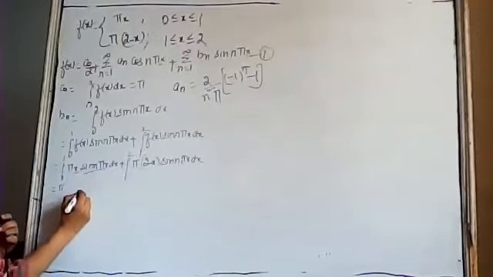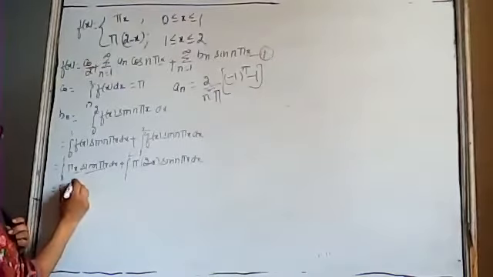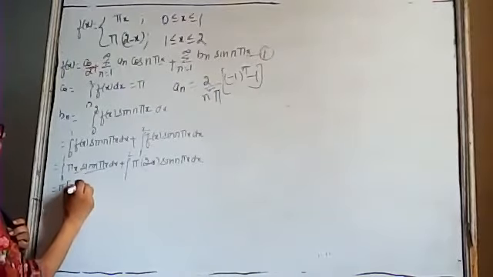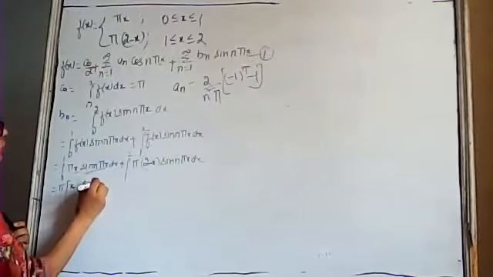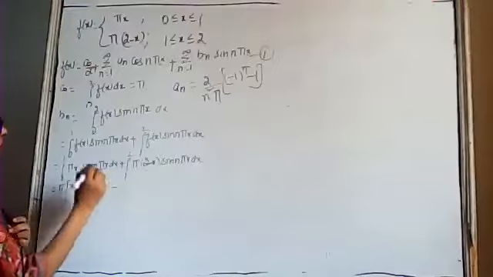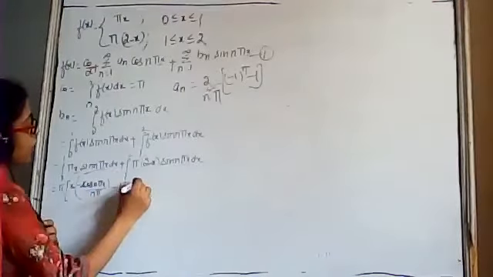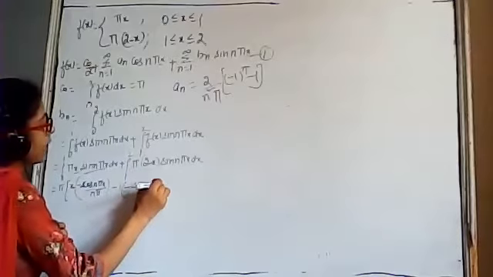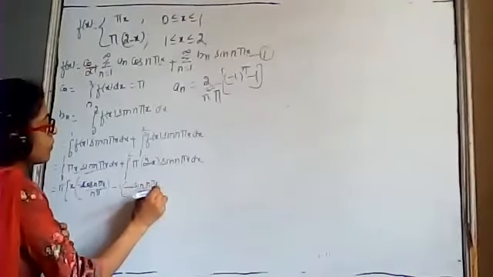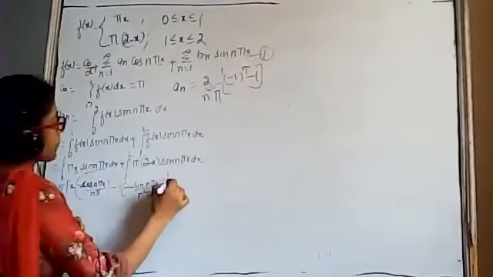After that, you have to integrate it by parts. X into sine of n pi x, first function as it is. Integration of second is minus cos of n pi x upon n pi, minus differentiation of x is 1. Integration of cos is sine of n pi x upon n square pi square. And the limits are from 0 to 1.